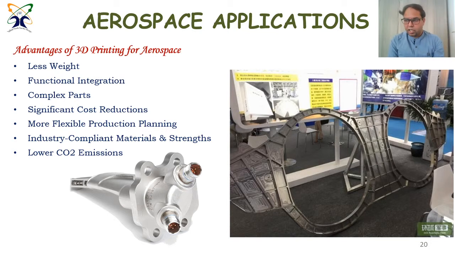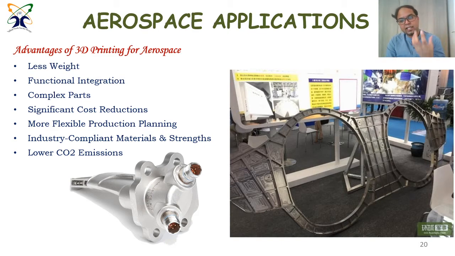Less weight. Because of this technique, you have very little wastage, and you can also use different alloys to make this sort of thing. During 3D printing, you don't need to add extra, because sometimes it's difficult to machine something. You can machine some part, but some extra material is still there. But here you don't need that. If you need a ring within a ring, for example, you just directly print it inside.